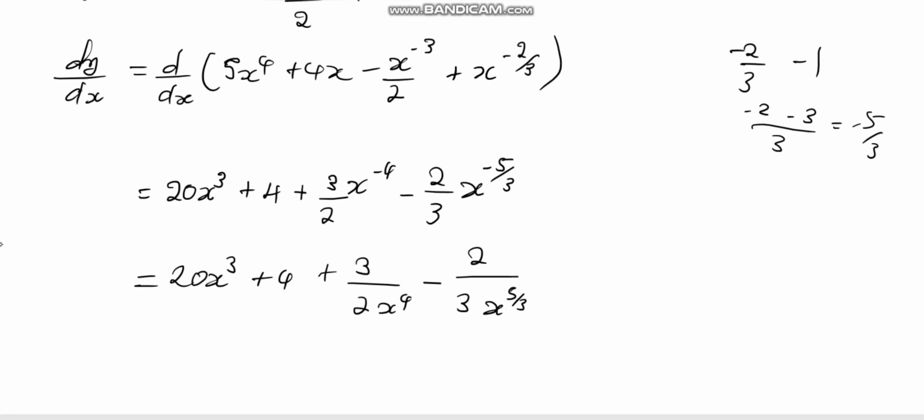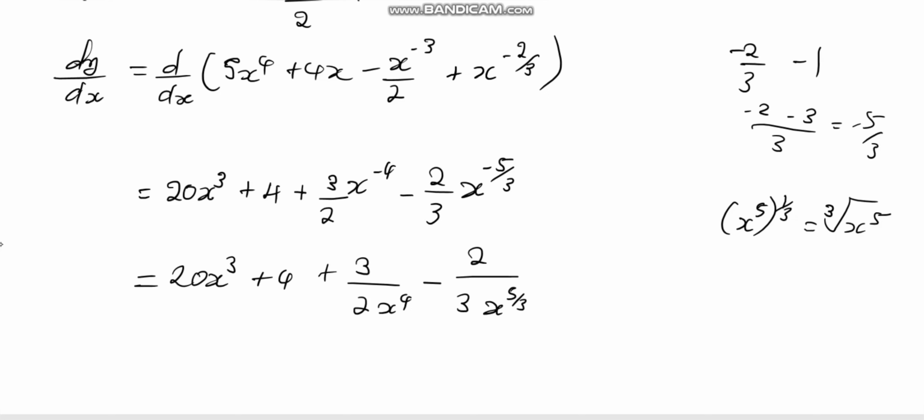Now this x to the power 5 over 3 is the same as x to the power 5 with a power of 1 over 3 on top. The power of 1 over 3 just means that we're finding the cube root of that term. So here we're going to have the cube root of x to the power 5.